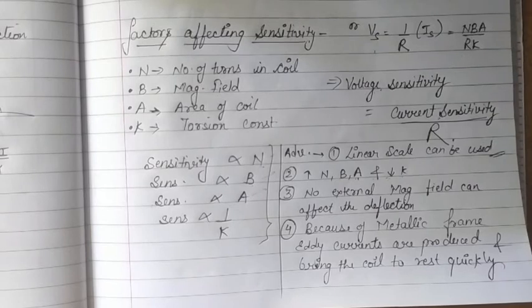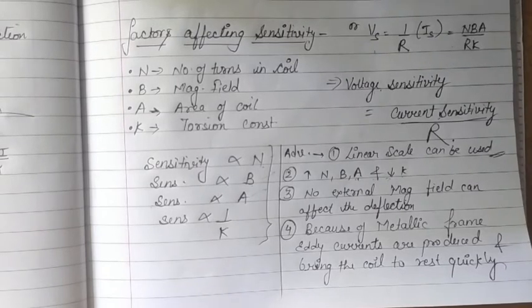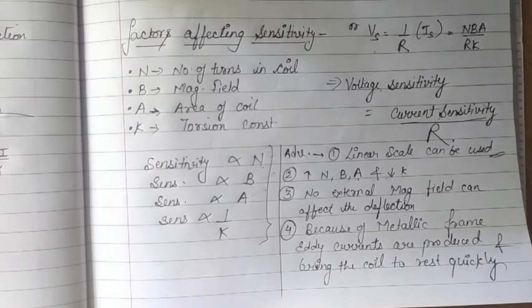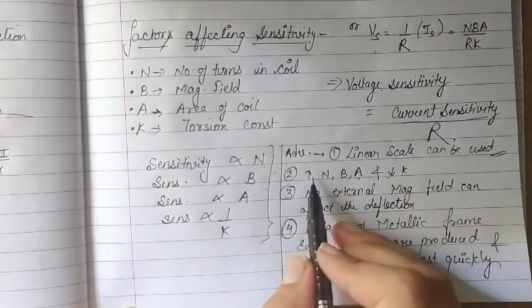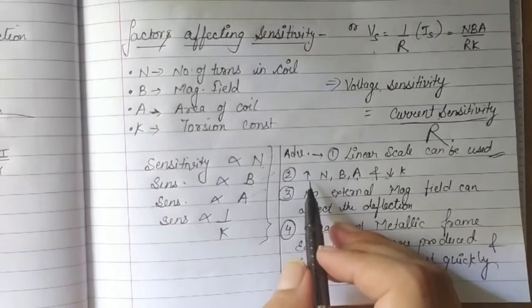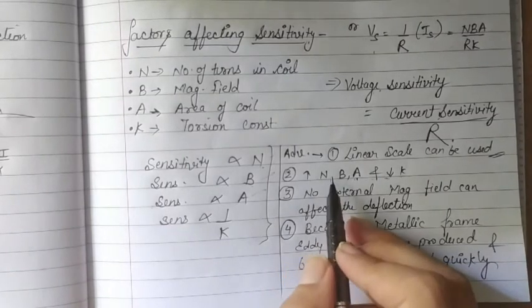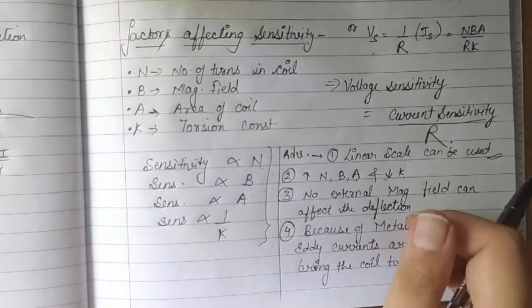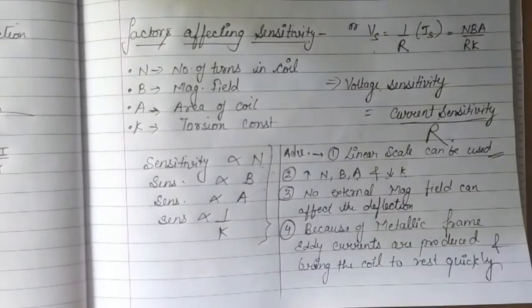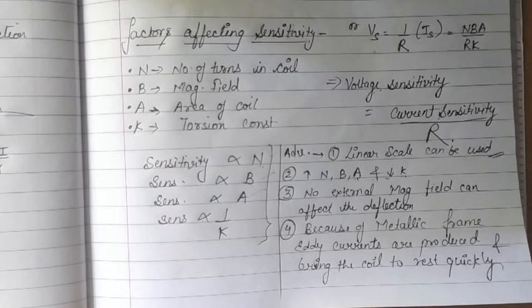Now there are disadvantages also. The first disadvantage is that we can set the sensitivity of a galvanometer as high as we want by increasing the value of N, B, A and decreasing the value of torsion constant K, but we cannot change it again and again, whenever we need. Once we set a particular value of sensitivity for a galvanometer, it is fixed.